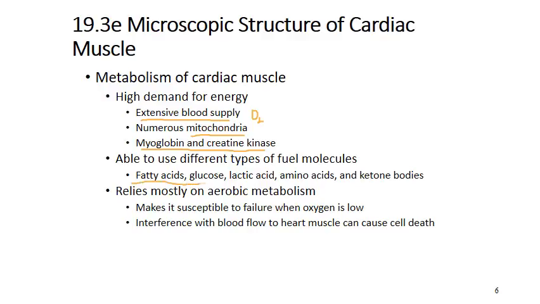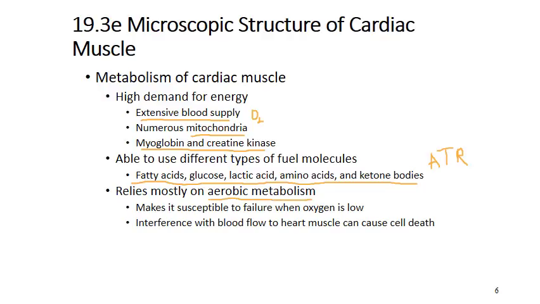So we can convert fatty acids, glucose, lactic acid, amino acids, and ketone bodies from the food that we eat that we find within our bloodstream to produce that energy, or that ATP, right? But our cardiac cells are going to specifically focus on using aerobic metabolism.